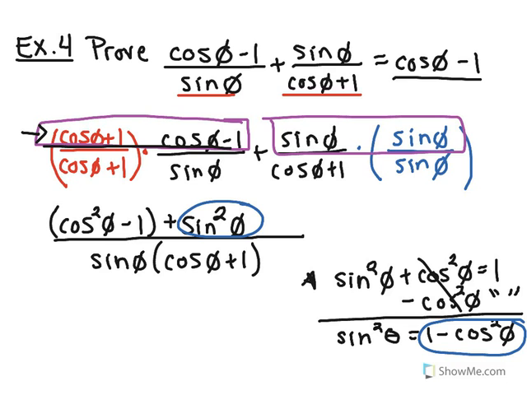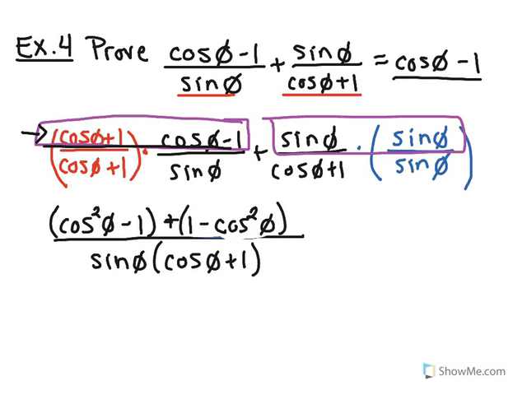So you can manipulate your Pythagorean identity, or any of them for that matter, to fit what you need them to do for you. All right, so I'm going to erase this, and I'm going to replace this in the very same step with 1 minus cosine squared phi. All right, so there we go.